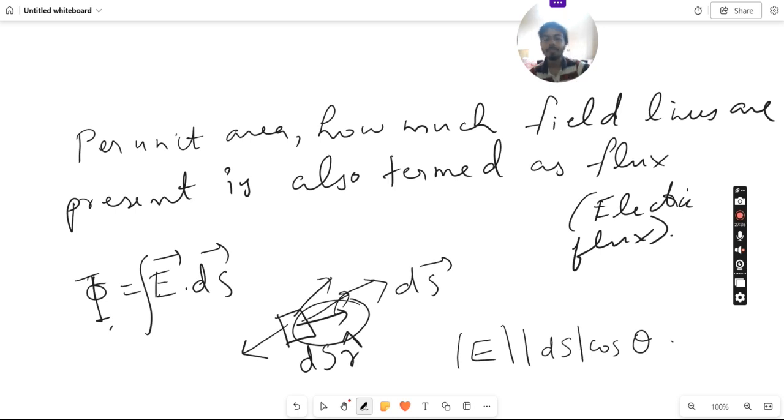This is what we mathematically term the electric flux. Now let us say we have an area like this, and the area has a direction like that, and the electric field that passes through here has a direction like this.